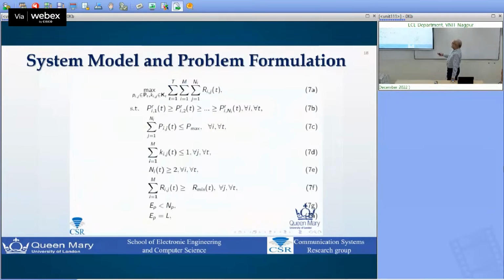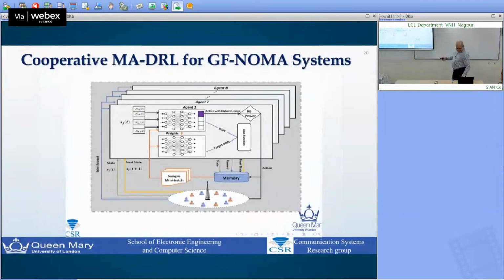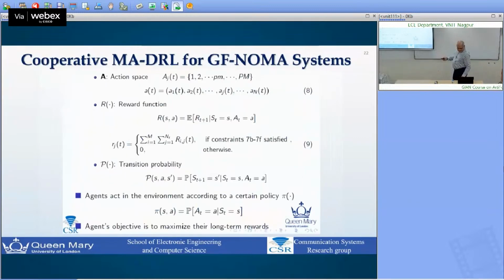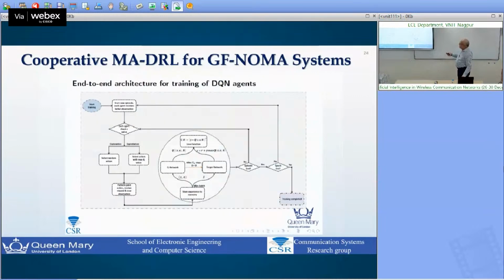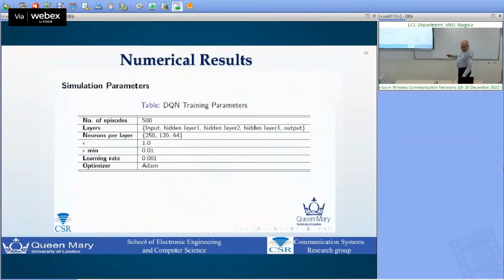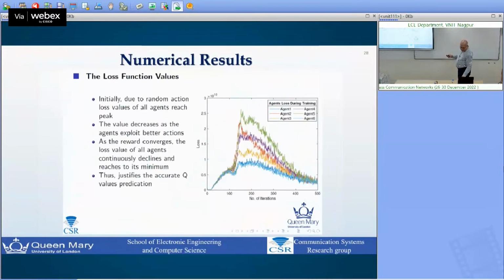With these constraints, we use deep reinforcement learning at all devices, and they select the parameters to maximize the long-term reward. So this is the first one.